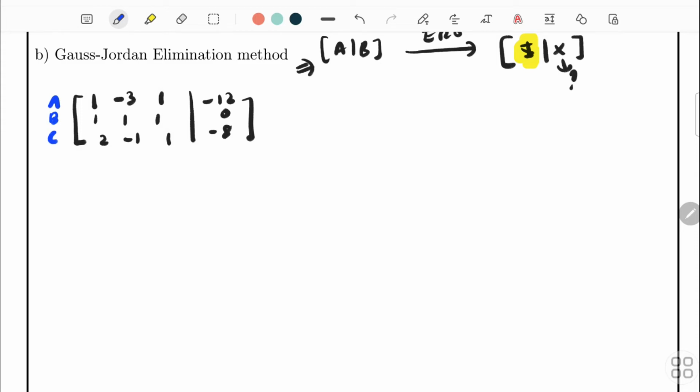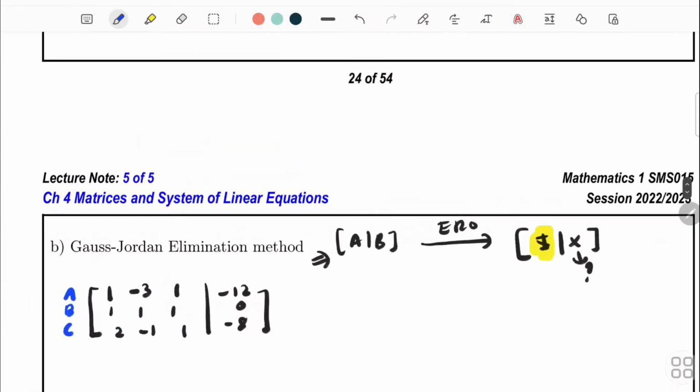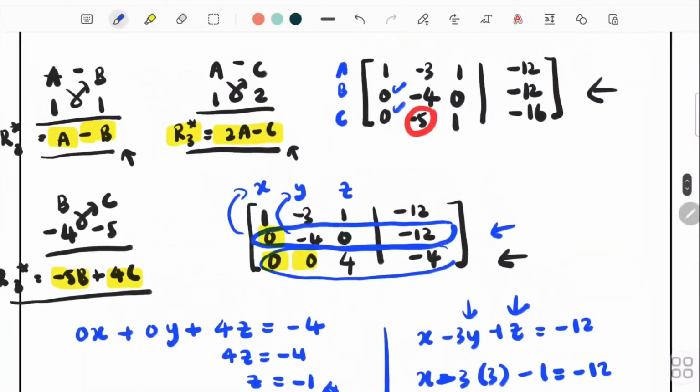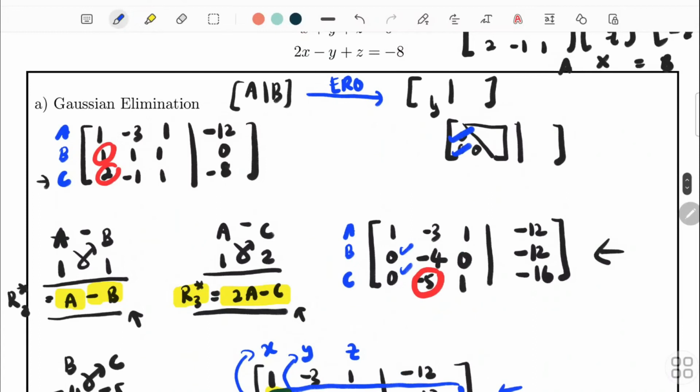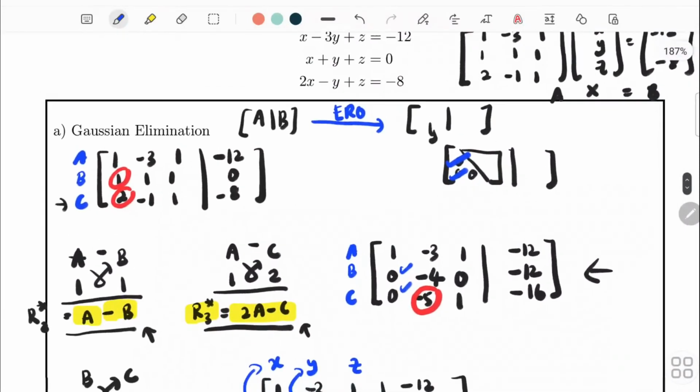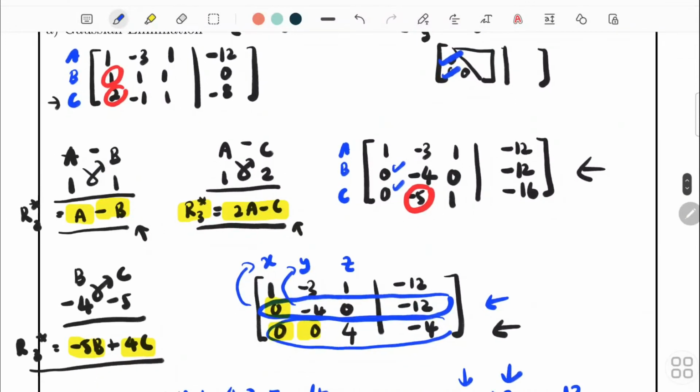Since the first few steps of this are actually the same as Gaussian elimination, I'm going to copy and paste.